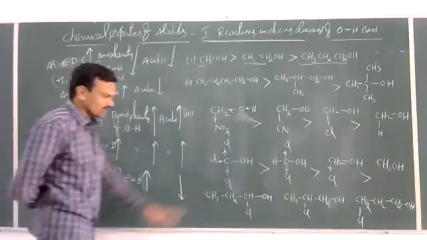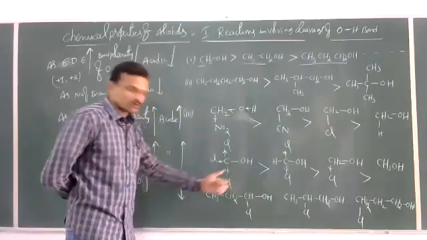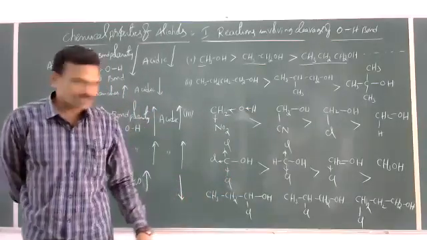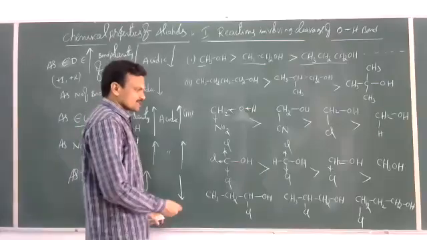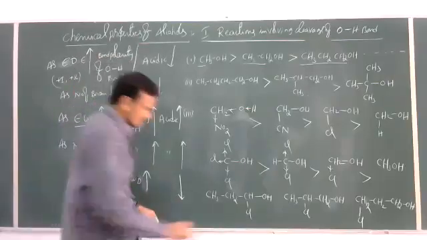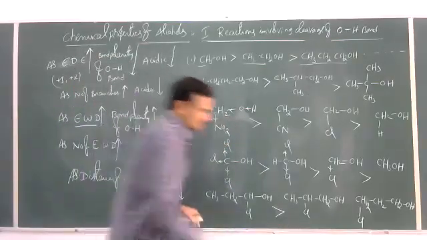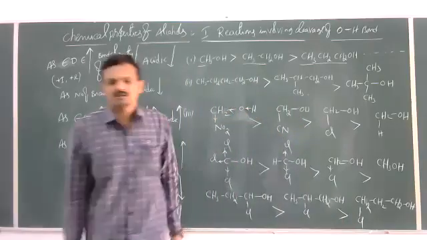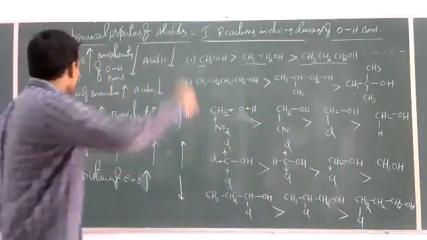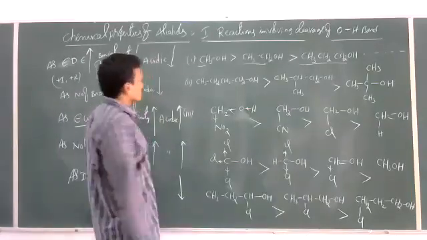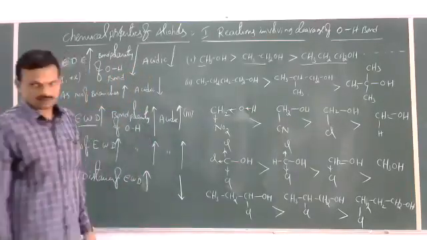As the distance of chlorine from the OH group increases, the withdrawing effect also decreases. As the withdrawing effect decreases, the acidic strength also decreases. That means the first one is more acidic than the second, which is more acidic than the third. So this is regarding the order of acidic strength of alcohols under different cases.